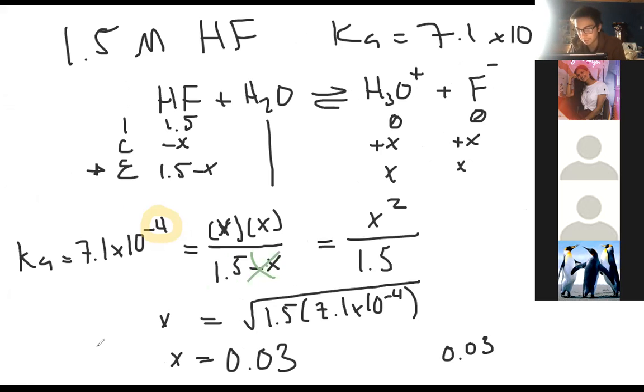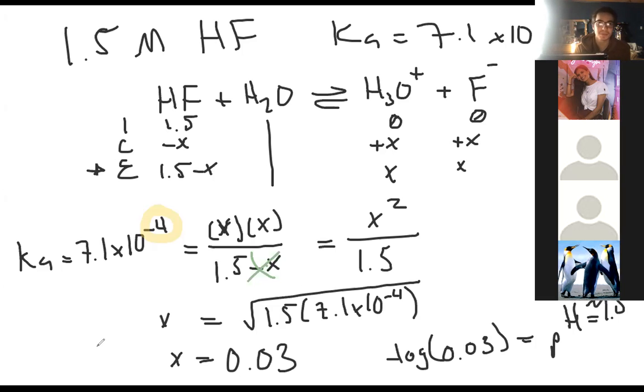We'll do negative log. This is equal to pH. So 1.5.